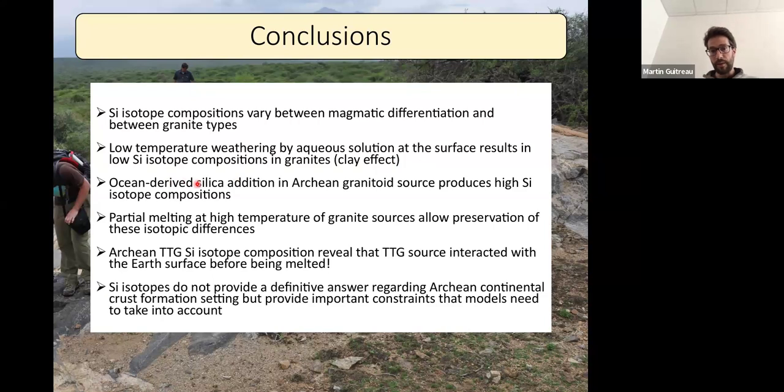And if you melt this type of source, because this happens at high temperature, the fractionation would be very limited, and then you can preserve these isotopic differences, which is why you can see these differences in granitoids. So Archean TTGs' silicon isotope composition reveals, and I think that's what is most important, that TTGs interacted with the surface. And this is an important constraint to take into account in the models.